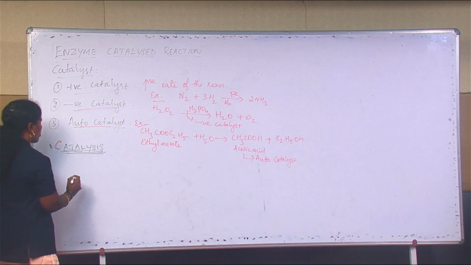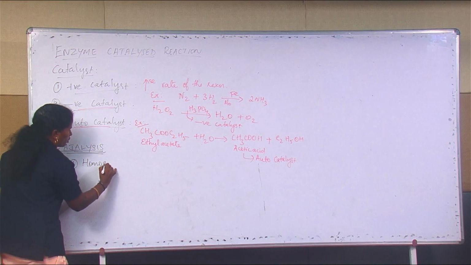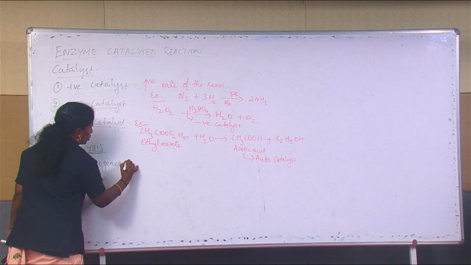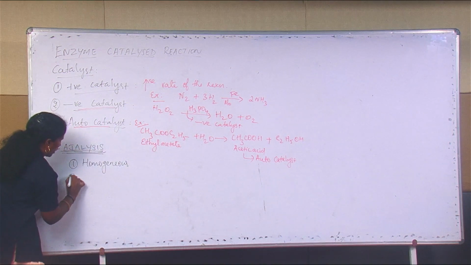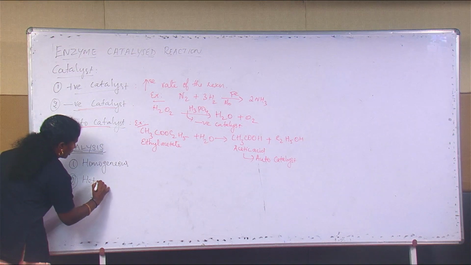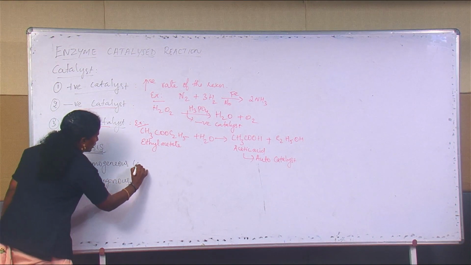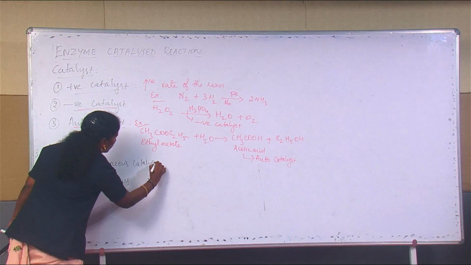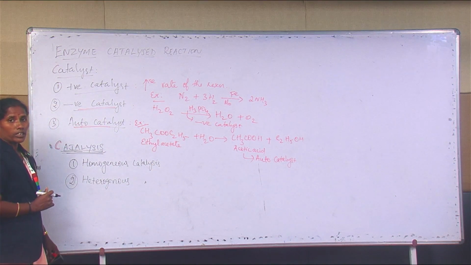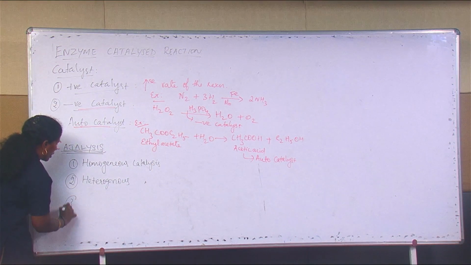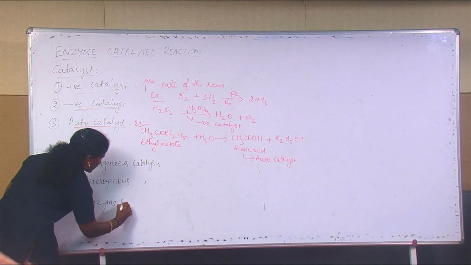Number one, homogeneous catalysis. Number two, heterogeneous catalysis. And the third important type of catalysis is enzyme catalysis.